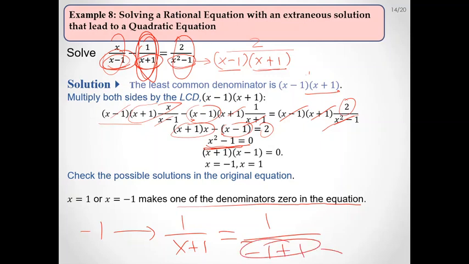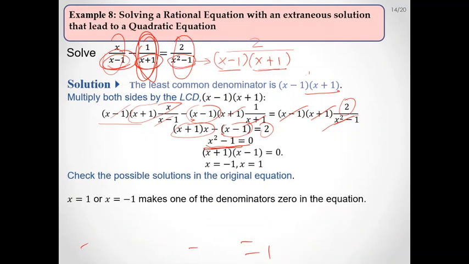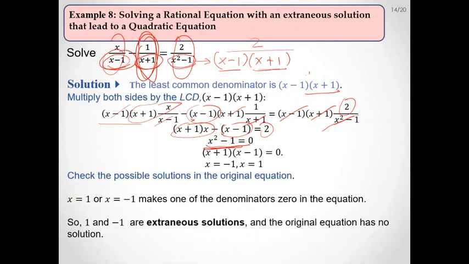So you see it's 0. When you take x equal to minus 1, it will be 1 over 0 here, so this is undefined. So this is also not accepted because they make the denominators equal to 0. So we don't take them because they're extraneous. We call them extraneous solutions. Then we say the original equation has no solution. These were the only possible solutions, but they turn out to be extraneous. So we say the solution set is the empty set.